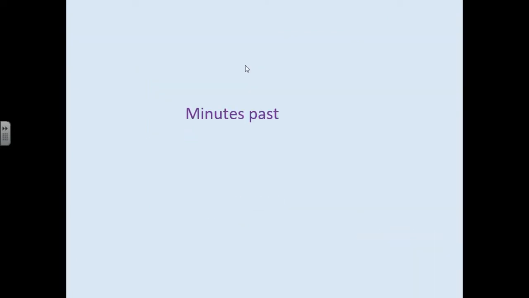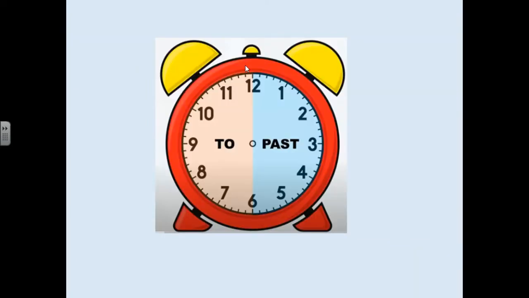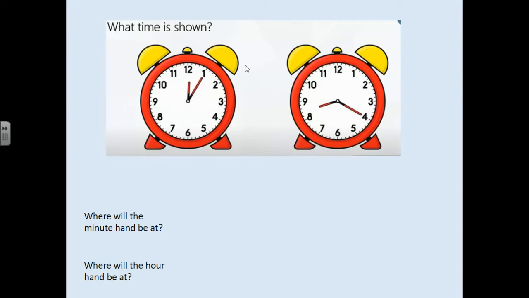We are first going to look at minutes past. So we're going to look at 5 minutes past the hour, 10 minutes past, 15 minutes or quarter past, 20 minutes past, 25 minutes past, and half past. Now, what time is shown on our clock? Where will the minute hand be? In this case, the minute hand's on 1.